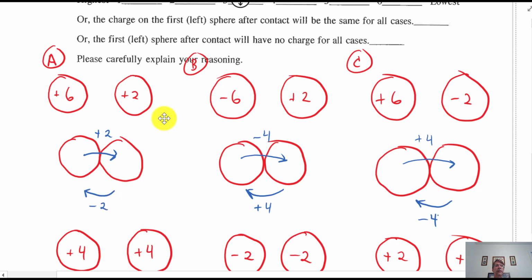So we're taking away 2 negatives. So you're making the right-hand sphere more positive and the left-hand sphere less positive. This is just showing you what happens. There's a plus charge that goes to the right, or in other words, a negative charge that goes to the left.